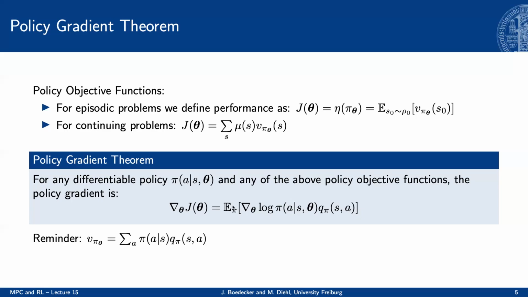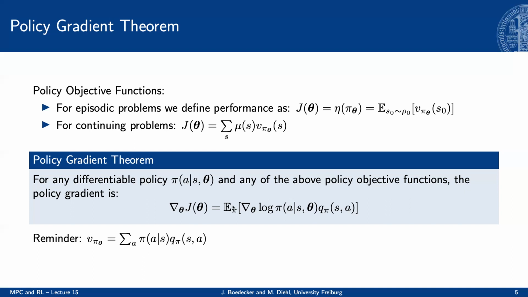But in order to really compute this expectation, what we would also need is to know the transition model, right? So once we have the action as described by our policy, we would need to know how does it actually affect the state, the change in the state distribution. And usually we assume we don't have that, so we want to stay in the model-free case.